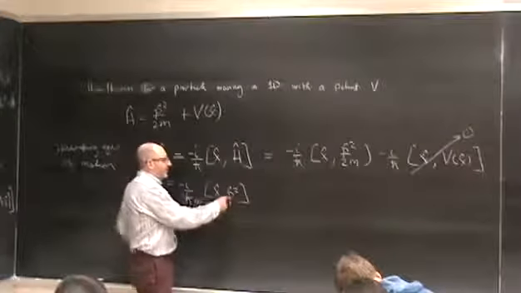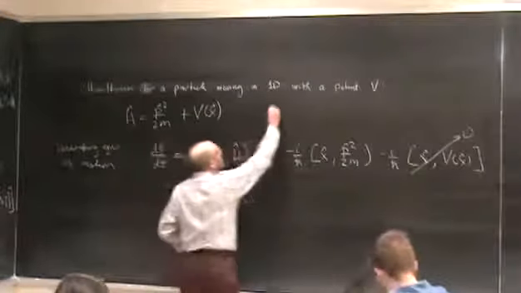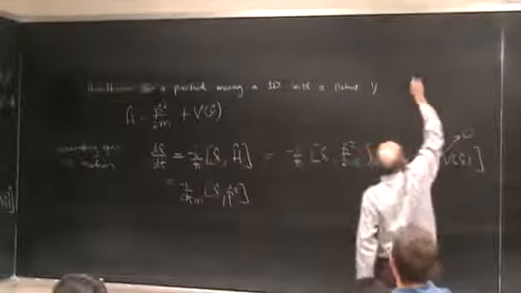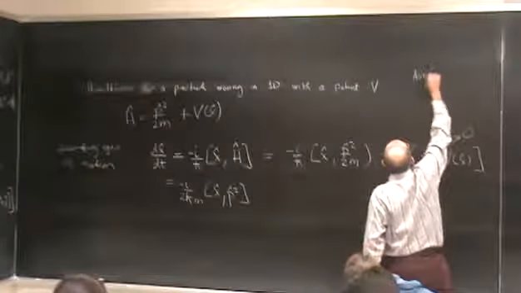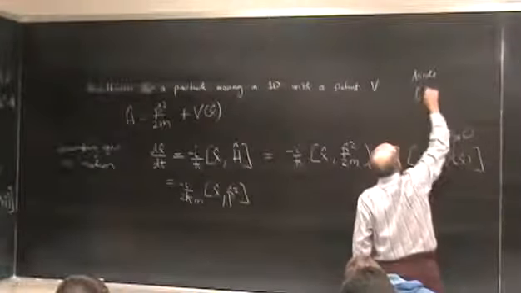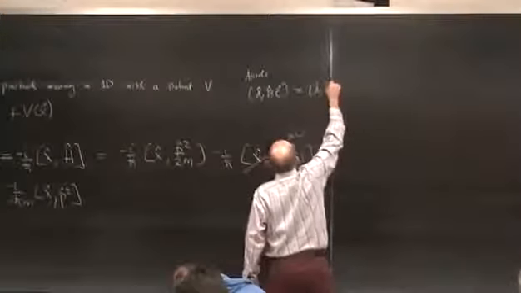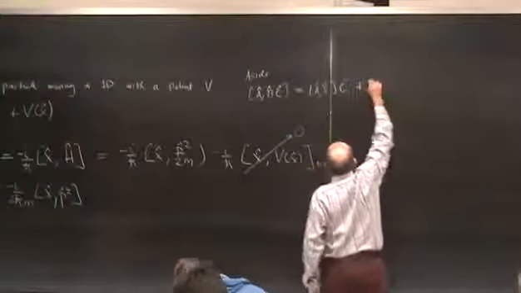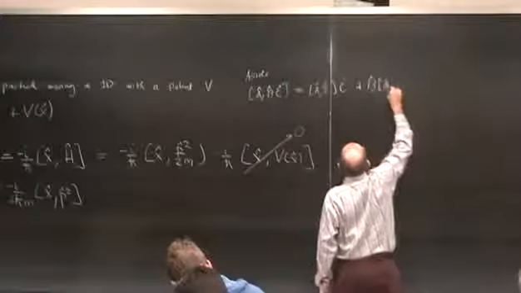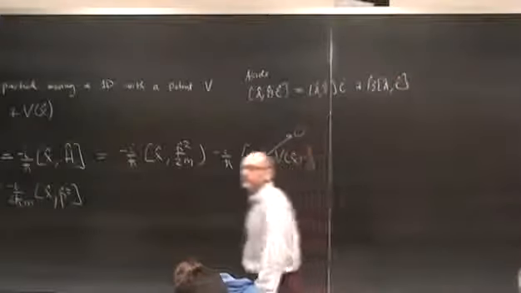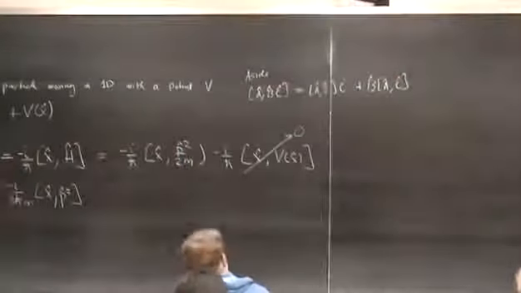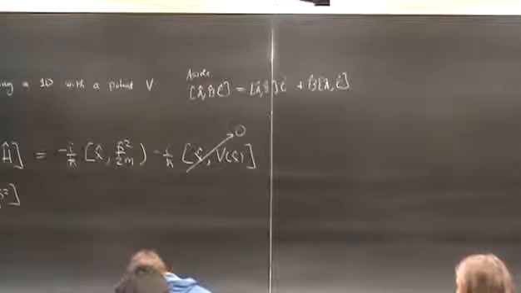Let me put a little aside over here: the commutator of A with the product of B and C is the commutator of A with B times C, plus B times the commutator of A with C. We should prove that at some point, or we just remember it, and we better start remembering.